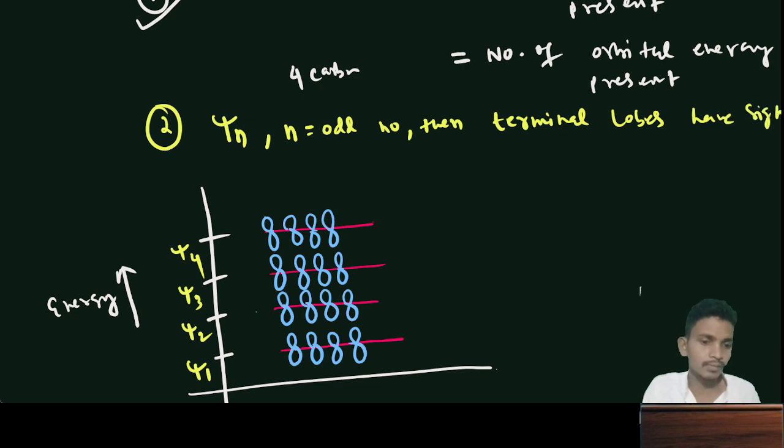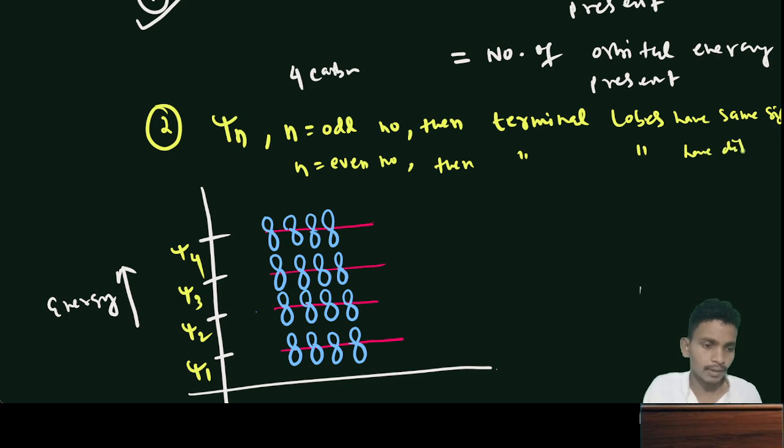And if n is an even number, then the terminal lobes have different signs. If n is even, in that case, terminal lobes have different signs. If n is odd, then terminal lobes have the same sign.